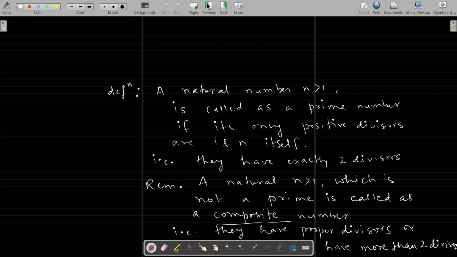Classically, all these definitions and results were developed by Euclid in his book Elements. And in those days, they were dealing only with natural numbers. They were not comfortable with negative numbers, or in fact, 0 was not accepted as a symbol, as a number in those cultures. And because of the absence of 0, there were no negative numbers.